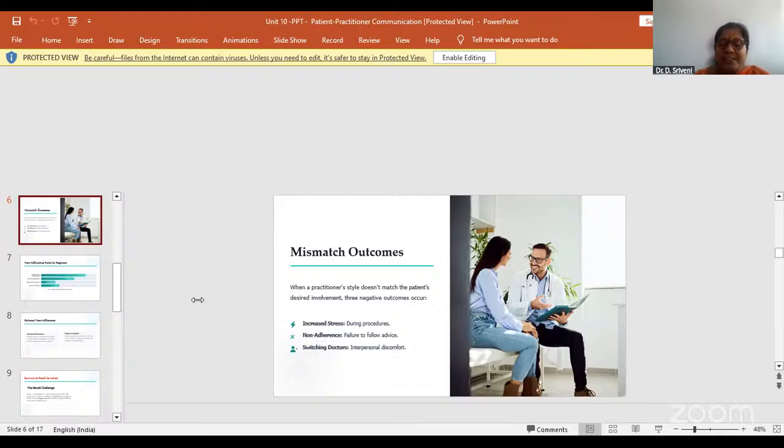When the patient's style is incompatible with the practitioner's, or if the patient displays behavior that the doctor finds unsettling, the therapeutic bond can weaken. This breakdown is significant because it directly impacts the quality of medical care the patient receives.